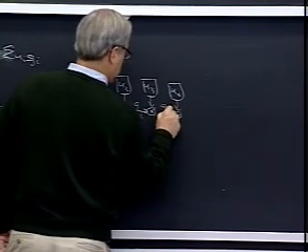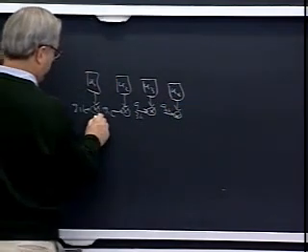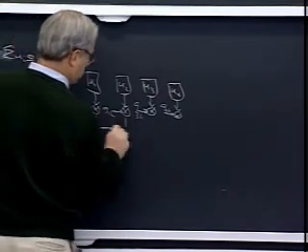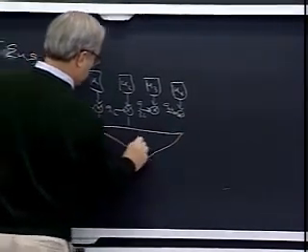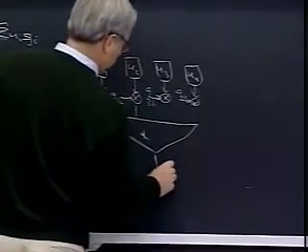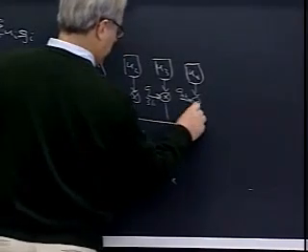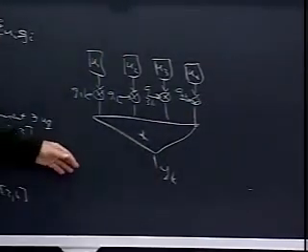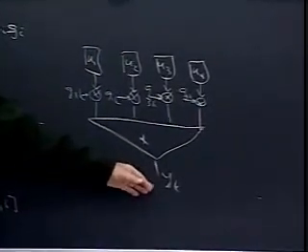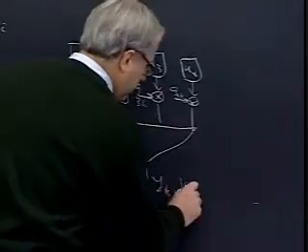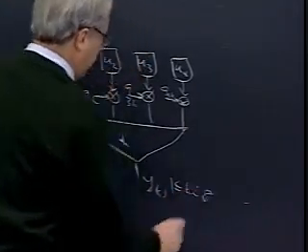The generators step along in time, and we form the outputs. We sum this all together in a summer, and this provides YK, the output, as we go from K equals 1 through 8. All right? As we go through the code word.